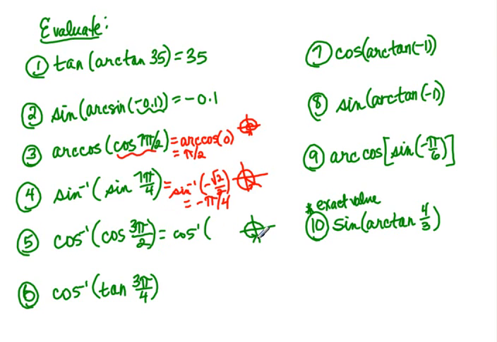Cosine of 3 pi over 2 is 0. And so what is the cosine inverse of 0? Yeah, it's going to be exactly what we just talked about. It is pi over 2. What we talked about in number 3.